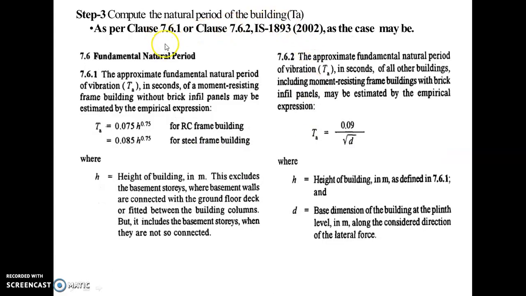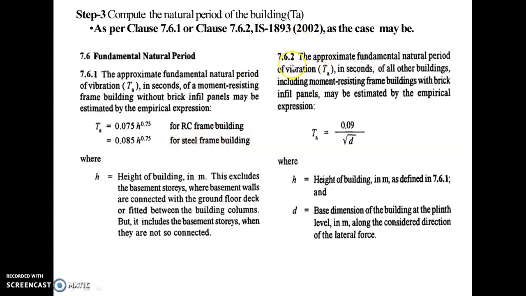Our third step is to compute the natural period of the building. Ta is required for finding the Sa over g value, or spectral acceleration value. For that we first have to find Ta, and Ta is equal to 0.075 h to the power 0.75 for an RC frame building and 0.85 h to the power 0.75 for a steel frame building.